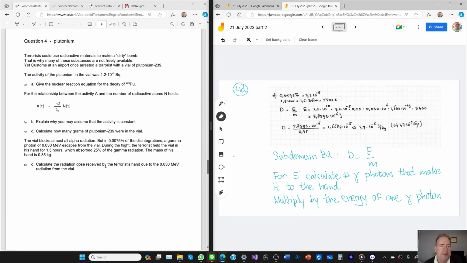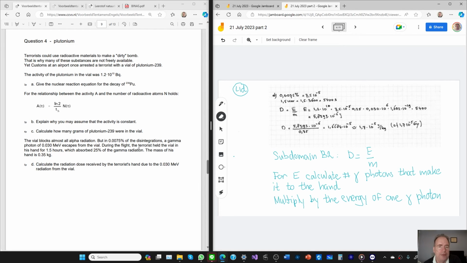Okay, question 4D. It talks about the radiation dose received by the terrorist's hand. Well, first there's a story here that this file actually blocks almost all alpha radiation, so that cannot escape. But in some small percentage of the decays, disintegrations, actually a gamma photon will escape. Remember from the reaction, there are actually gamma photons released. And the energy of each of these photons is 0.03 MeV.